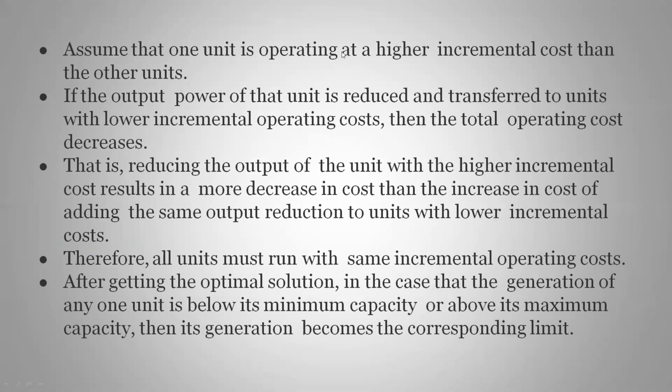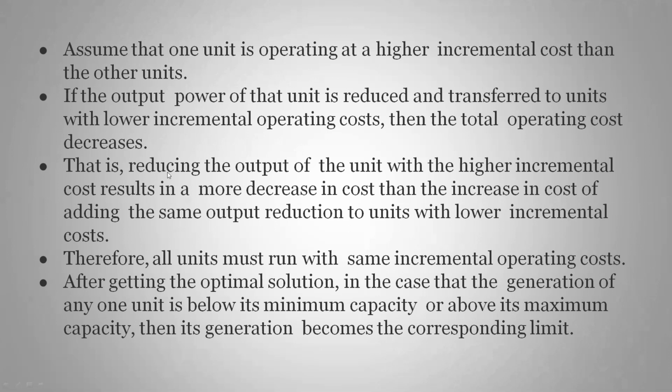So assume that one unit is operating at a higher incremental cost than the other units. Okay, if the output power of that unit is reduced and transferred to units with lower incremental operating costs, then the total operating cost decreases.